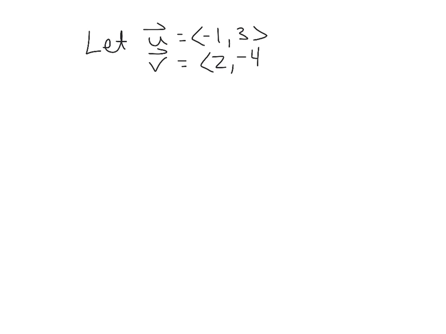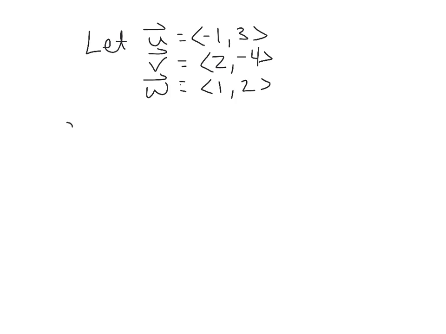Now, let's use these dot product properties to help us in doing some calculations. So let's let U equal -1, 3, V equals 2, -4, and W equals 1, 2.